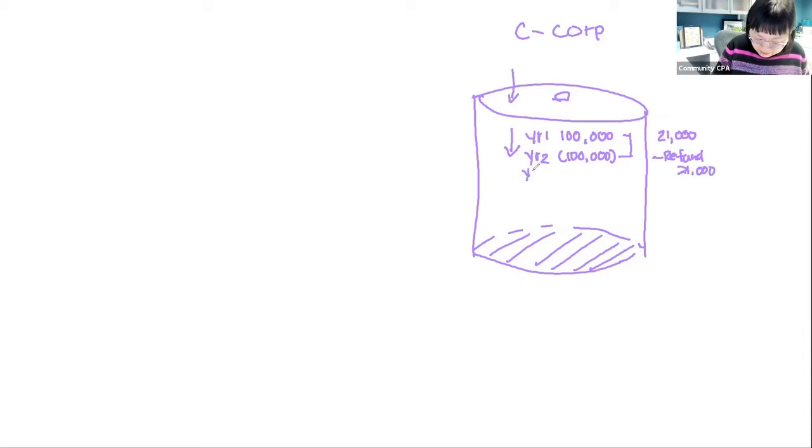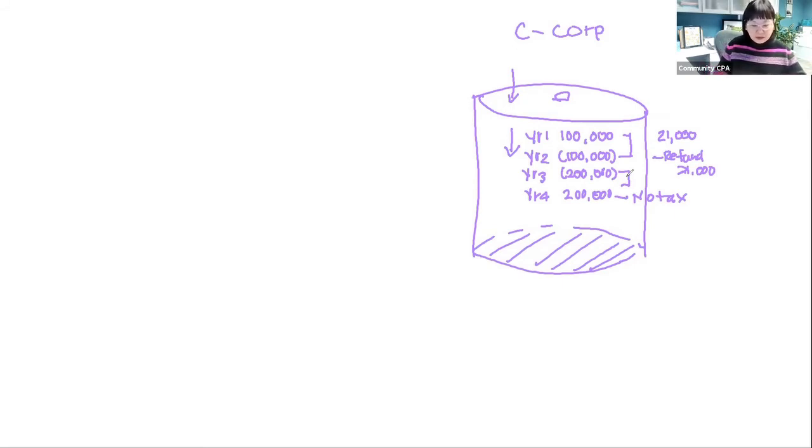In year 3, you lost $200,000. Too bad, and so sad, it just stays there. And in year 4, you made $200,000. No taxes because of this loss. I give you that example just to have you understand that what's inside of C-corp stays in C-corp.